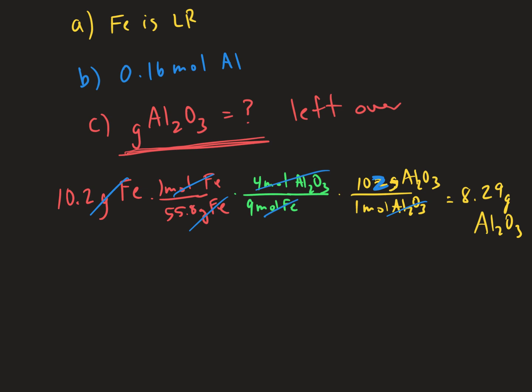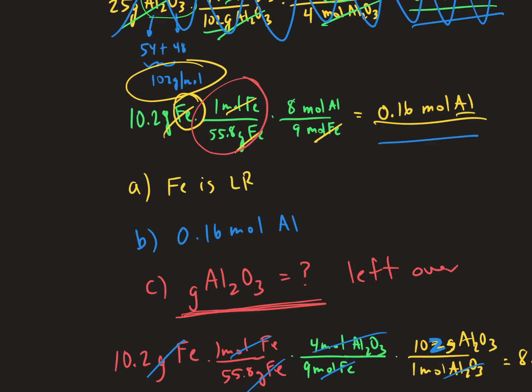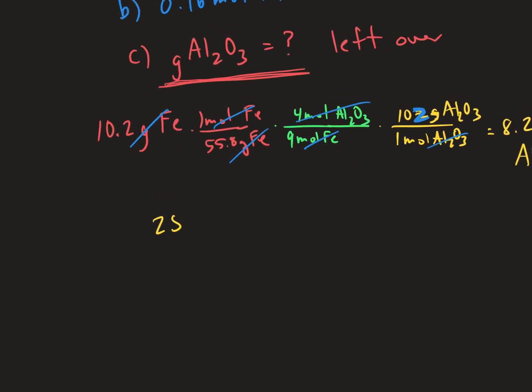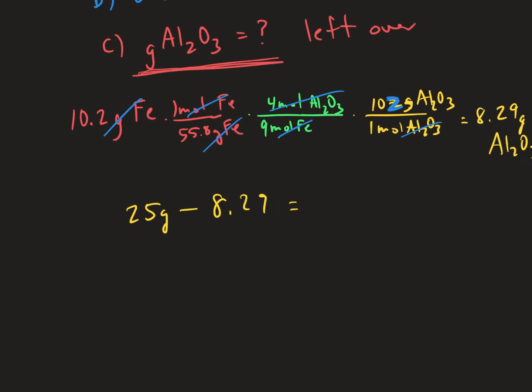Is that our answer? No, it's not. That's how much we use, right? How much did we start with? 25 grams. So we start with 25 grams and we use 8.29 grams, and that leaves us with how much left over? 25 subtract 8.29. I don't like to do that one in my head.